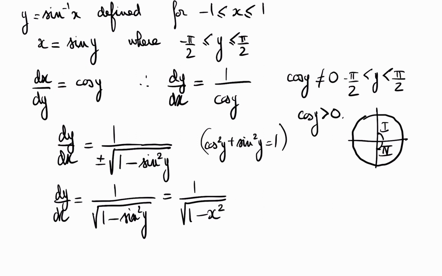So here we go. This is what we wrote as d over dx of sine minus 1 of x. Now, this formula is in the formula sheet.